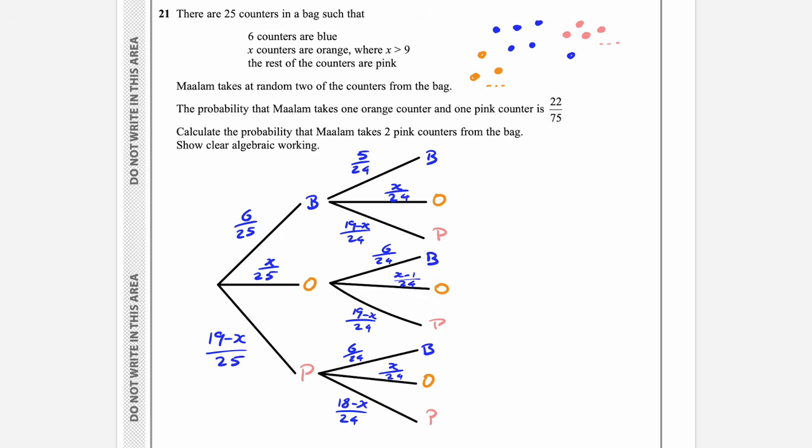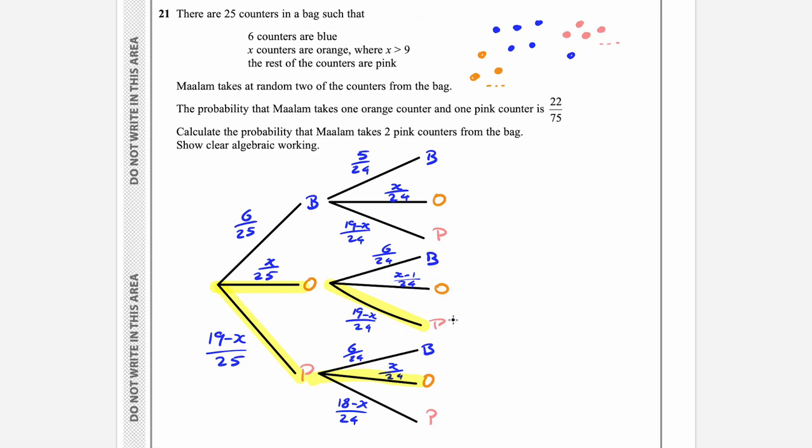Okay, so the one orange and the one pink, that is probability she takes one orange and one pink. So one orange and one pink, or one pink and one orange. Okay, so this times this are x over 25. Actually, let's just do it like this.